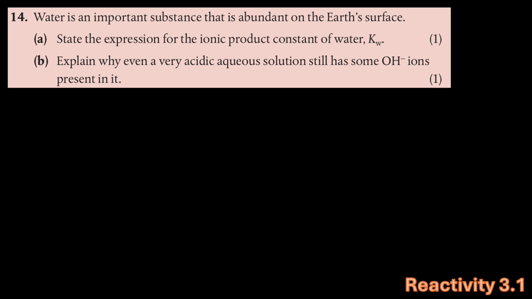Water is an important substance that is abundant on the Earth's surface. State the expression for the ionic product constant of water, which is Kw. So when you are stating the expression for the equilibrium constant of water, it is just Kw equals the concentration of H plus times the concentration of OH minus.